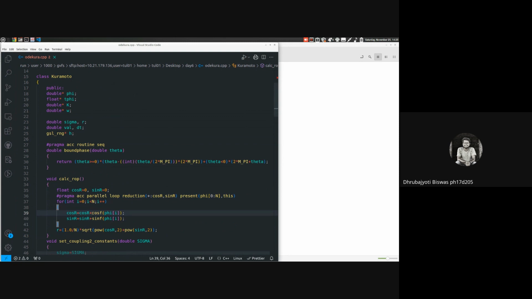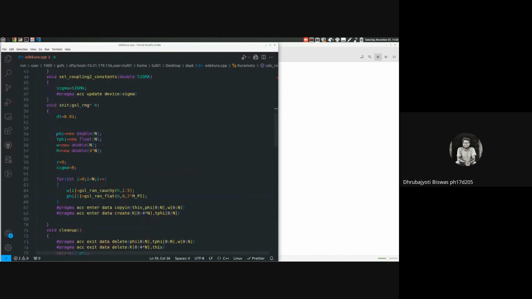First I take the cos and the sine of each phase and add them to separate variables, and the order parameter is given by 1 by n times the square root of cos square r plus sine square r. So this is a very typical order parameter which is used in the computation of the Kuramoto system. Maybe you are not trying to look at a Kuramoto system, you are trying to look at something else. In that case, you might not need to calculate this, but for this system, it is needed. So I have written the function.